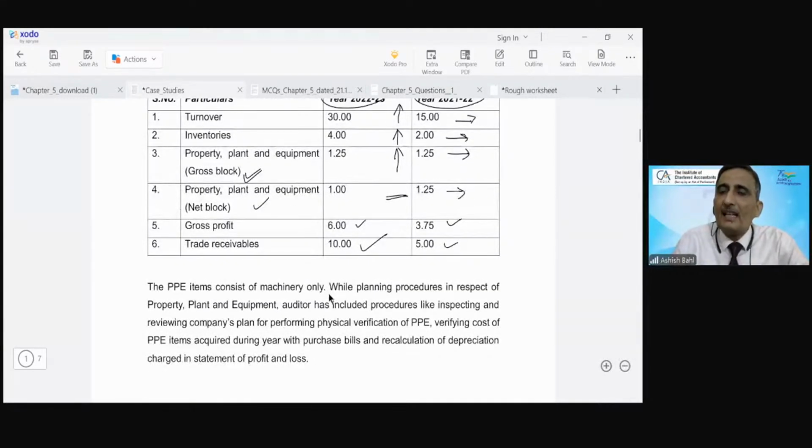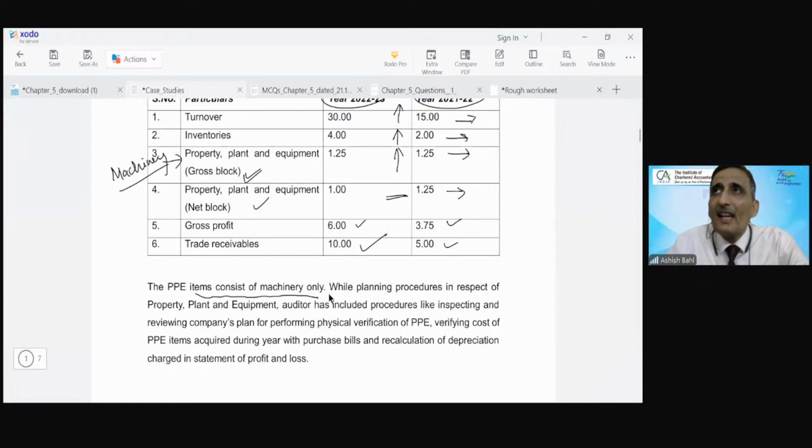The PPE items, it further describes, consist of machinery only. So the paper setter has made it easier and more convenient for you by saying that PPE items consist of machinery only.